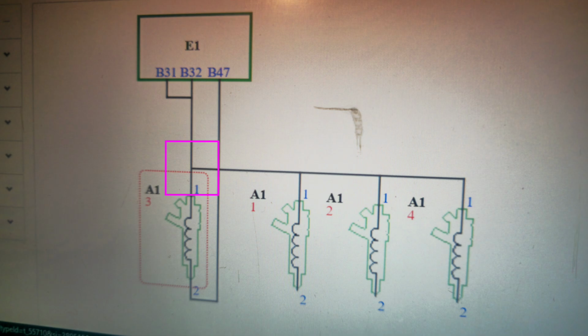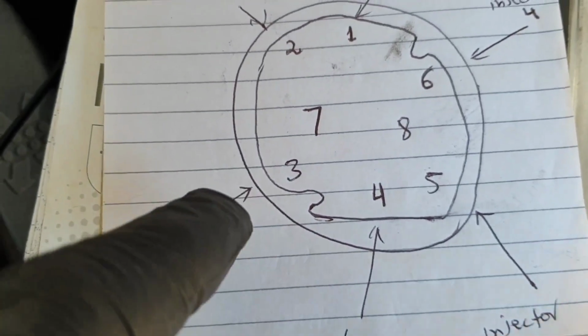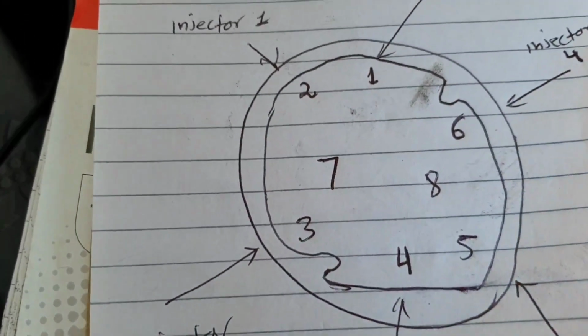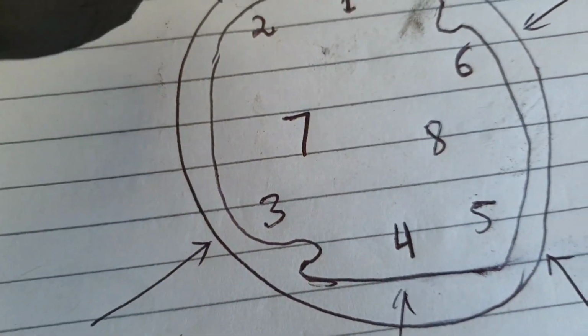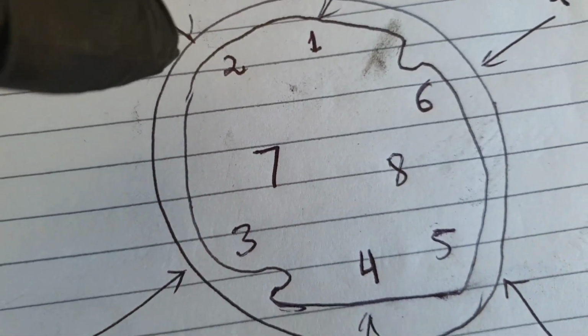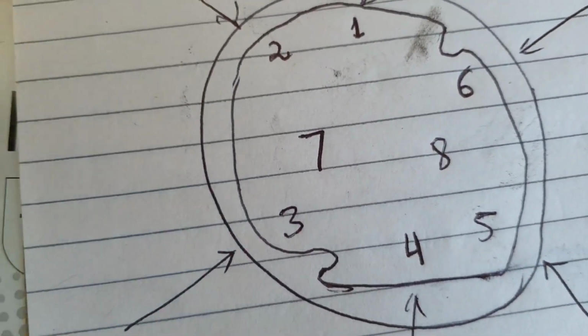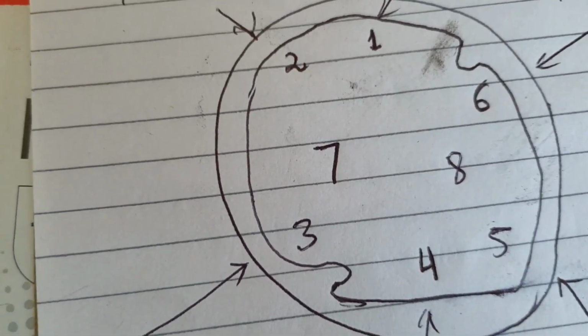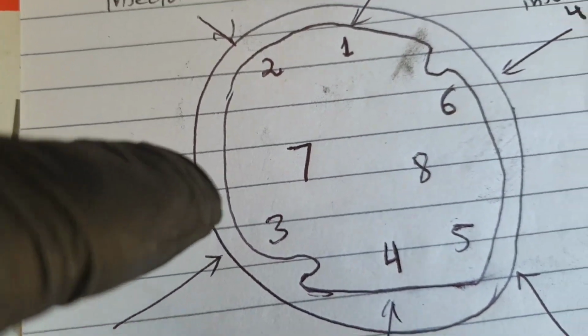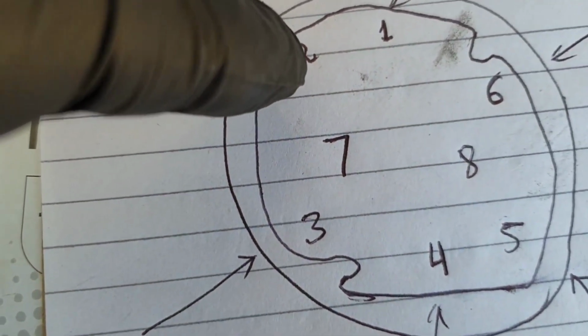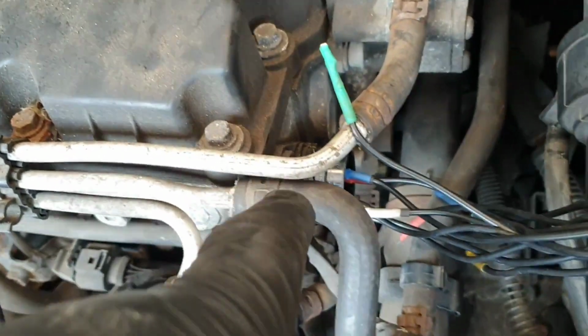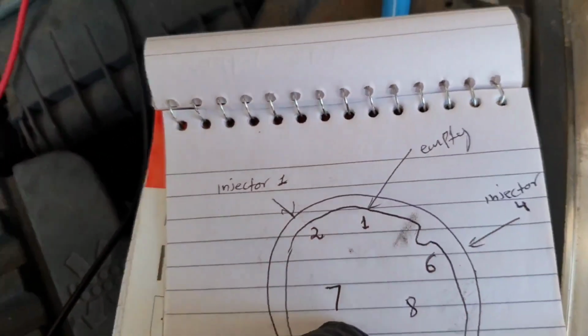If you want to check the resistance of the injectors, one lead of the multimeter should be on pin 2 and the other on pin 7.